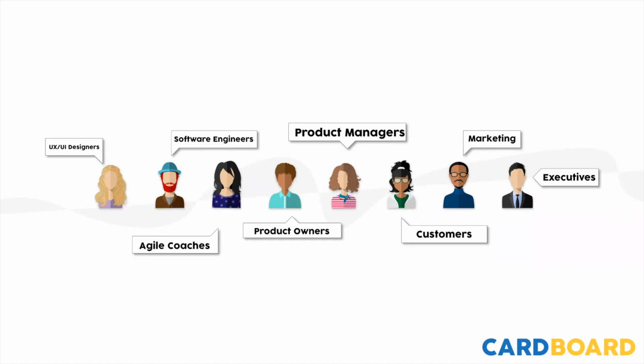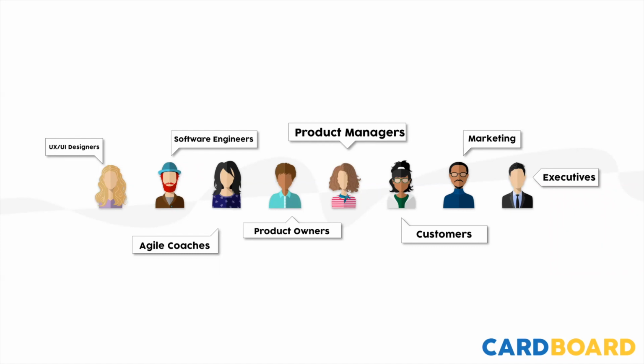But you can see here we have several different people that could be involved in the process for different reasons. Executives may understand the business outcome that's trying to be accomplished. Product managers are typically responsible for the product and the voice of the customer.